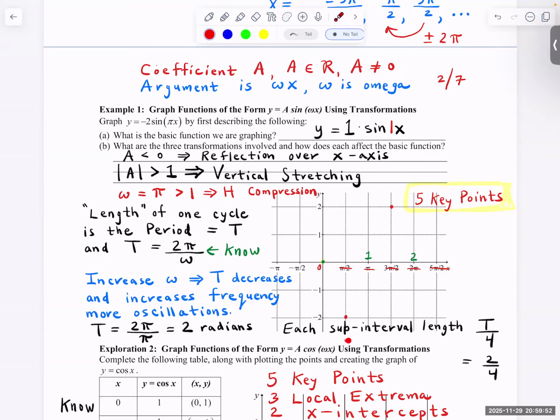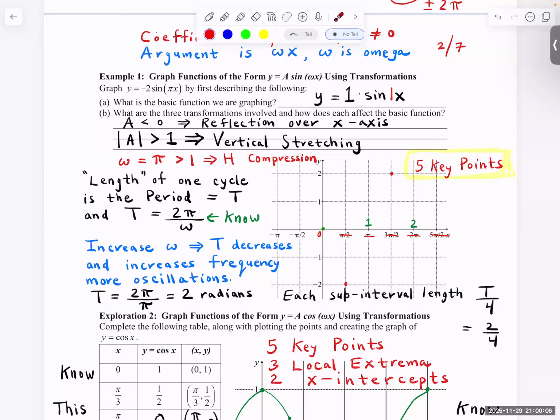Now, each subinterval has a length of T, the period, divided by 4. The period T is 2 radians, so that divided by 4 equals 1/2, or 0.5.